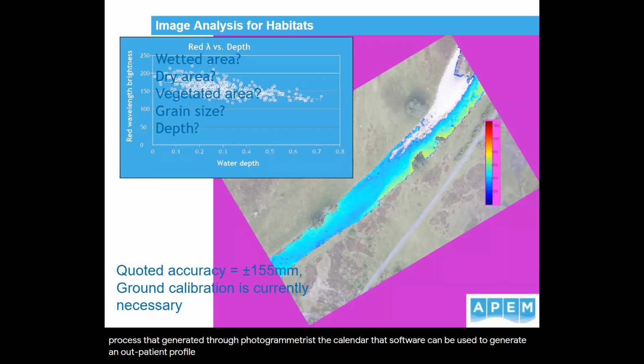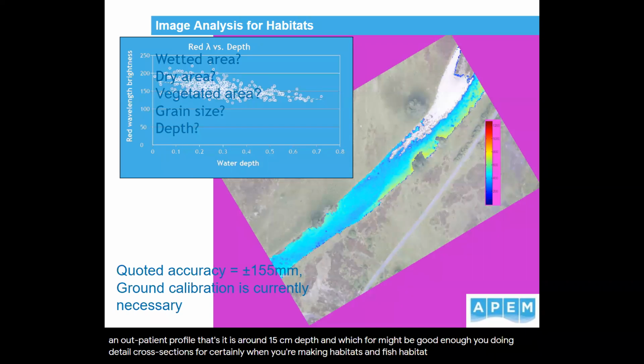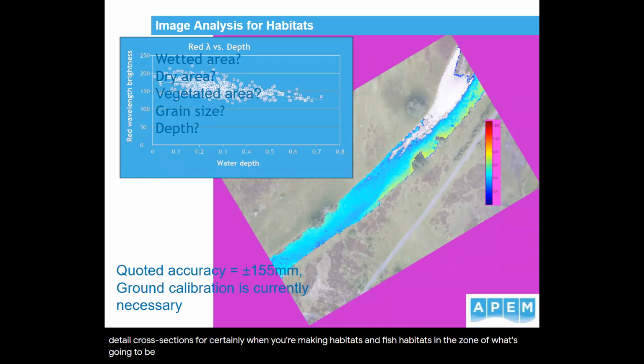The accuracy around the depth is around 15 centimetres, which might not be good enough if you're doing detailed cross sections, but certainly when you're looking at fish habitats, that's in the zone of what's going to be useful for looking at those different classifications of fish habitat.